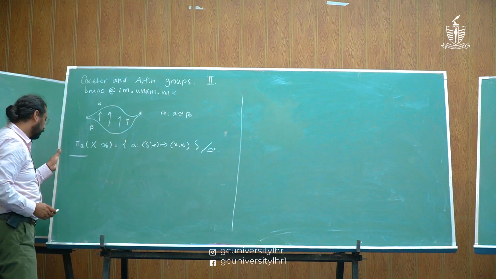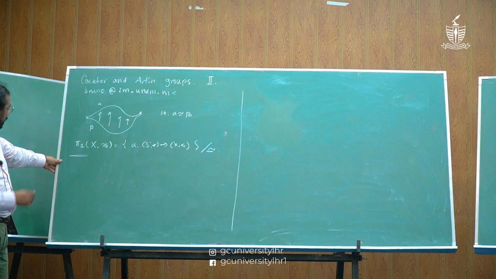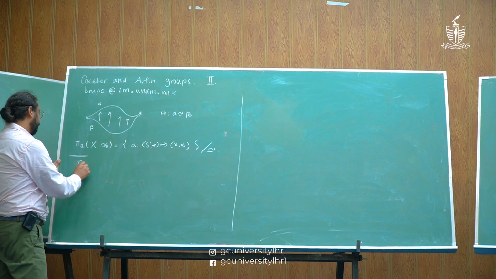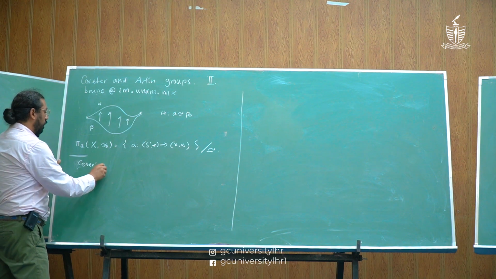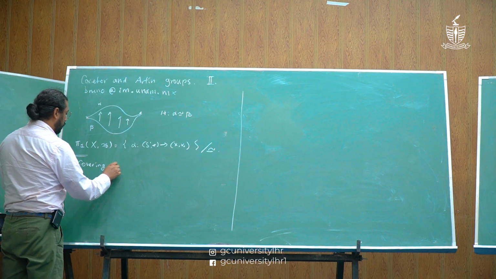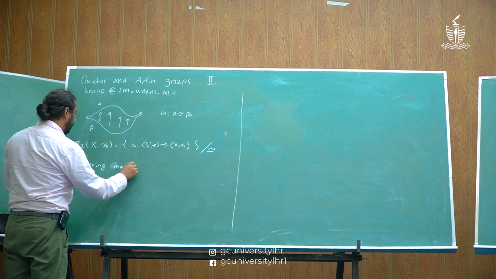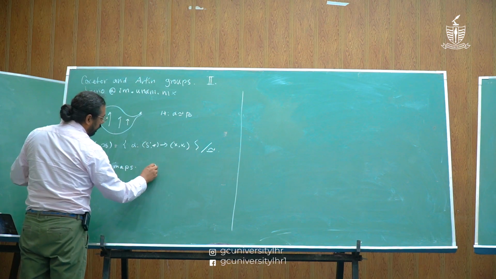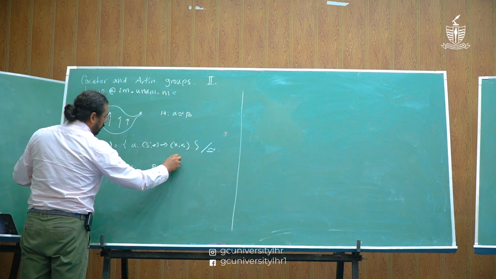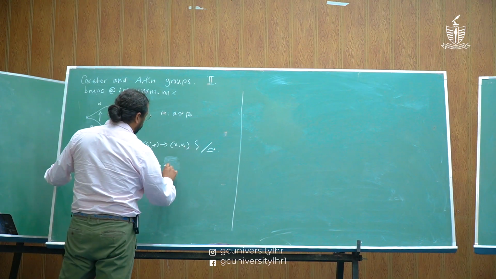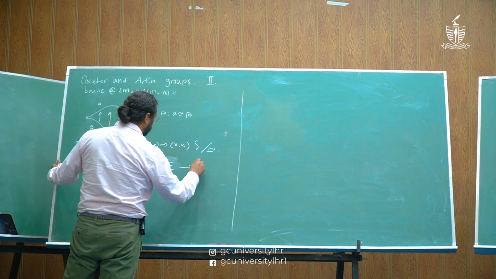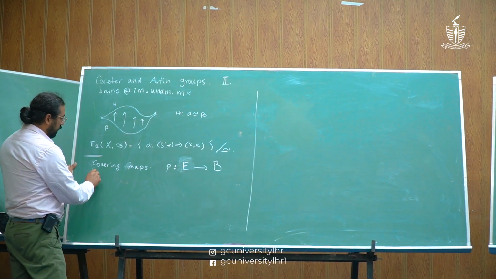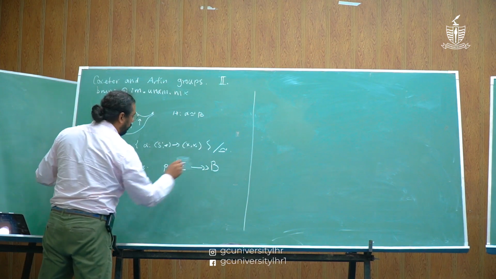So we'll see a technique today that is called covering spaces, covering maps. Okay? A covering map is you take a total space and you project it to the base in such a way that this is a surjective map, no?